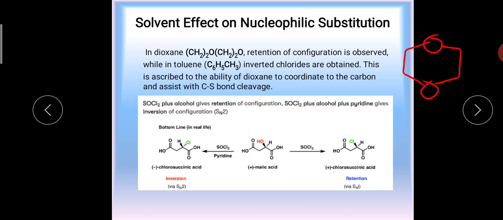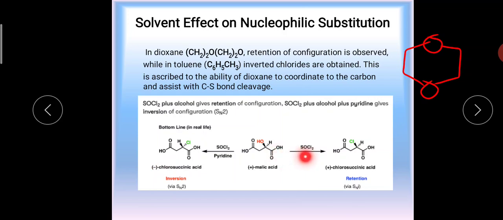So when malic acid is treated with thionyl chloride and pyridine, you get a product with inversion in configuration, whereas when the same reaction is carried out with an ether as the solvent, you get a retention in configuration. Likewise, if you use malic acid and a solvent such as toluene, you get an inversion in configuration.